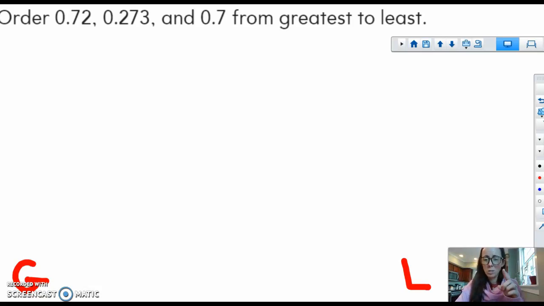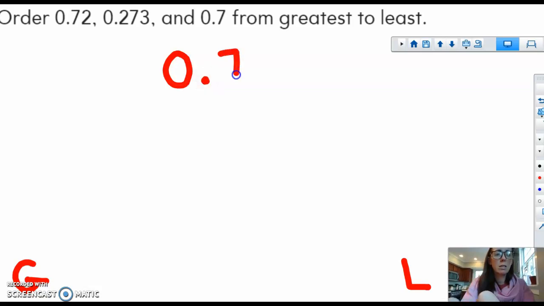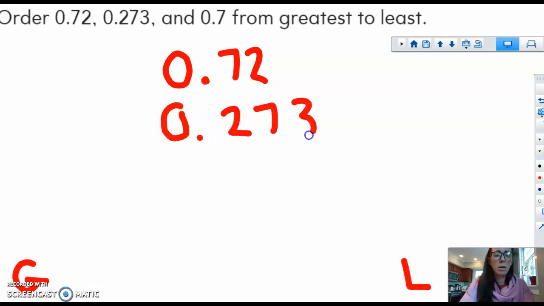So pay close attention, and you should be writing this in your notes. When I write these down, I'm going to do something to make it so that they all have the same number of digits. That's going to help me compare them accurately. My first decimal is 0 and 72 hundredths. Then I have 0 and 273 thousandths. And then I have 0 and 7 tenths.